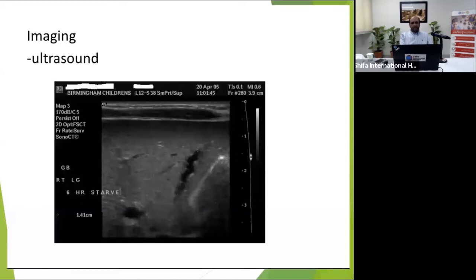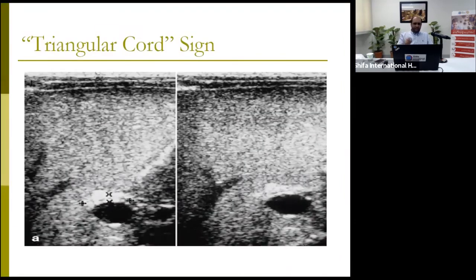So if you do the ultrasound, here you can see this is the shadow of the gallbladder. You can see that it's definitely not a normal looking gallbladder. And with the picture that I have mentioned previously, plus this ultrasound, one should think of biliary atresia. This is another sign that is called the triangular cord sign in the ultrasound.